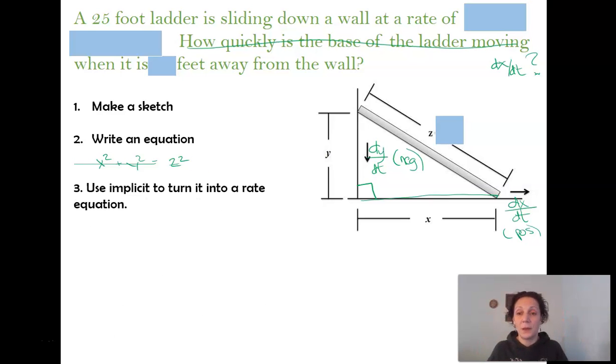Next trick, we use implicit differentiation. Notice I'm not playing with any numbers yet. Don't touch a number until you're done with the calculus. So now I know how they're related, so let's take the derivative of this implicitly with respect to time. The derivative of x squared is 2x dx/dt.